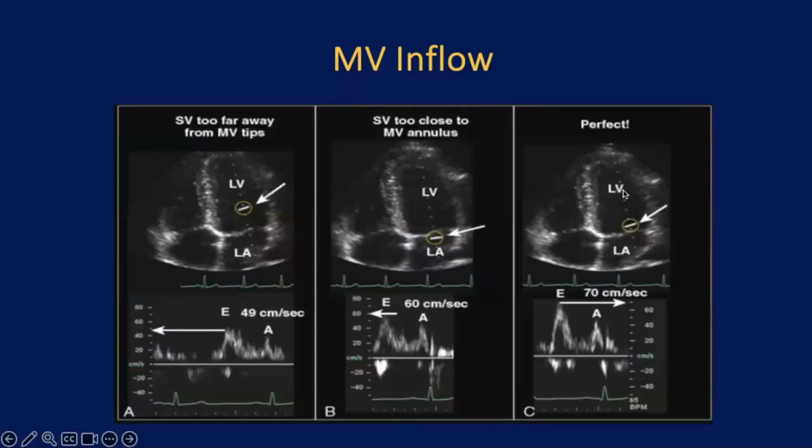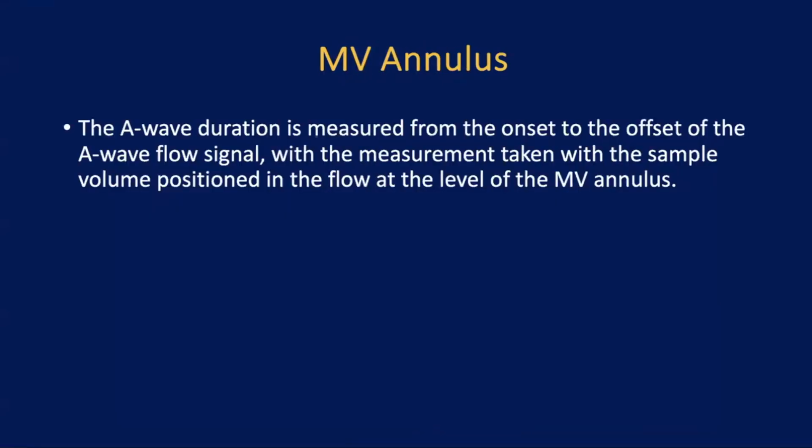If you go more apical, the E wave will be lower. If you go more toward the annulus, the E wave will also be lower. If the E wave is lower, it will affect our assessment of the valve, of the LA pressure, and of the diastolic dysfunction. A lot of measurements will get involved.